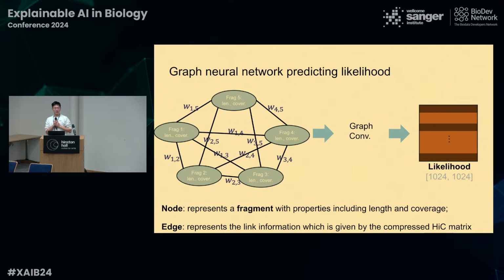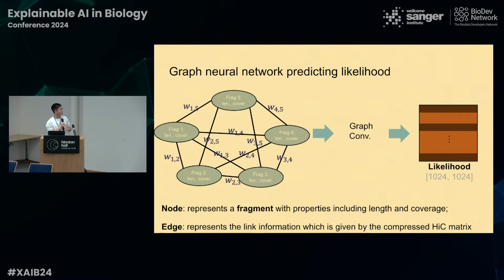For the edge, we have 5 attributes to describe how to link these 2 fragments, because for a genome fragment, we can link head to head, head to end, end to head, and end to end. So there are 5 kinds of link method.